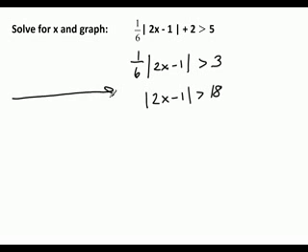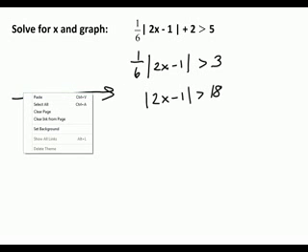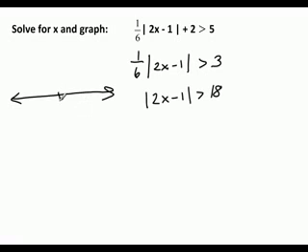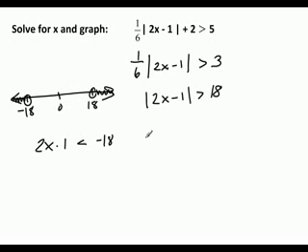Now, what again does this mean? It means that I want to be more than 18 away. So if I'm more than 18 away, I'm either this direction, or more than 18 away from 0, I'm that direction. So I know this value inside, 2x minus 1, has to be less than negative 18, or 2x minus 1 has to be greater than positive 18.